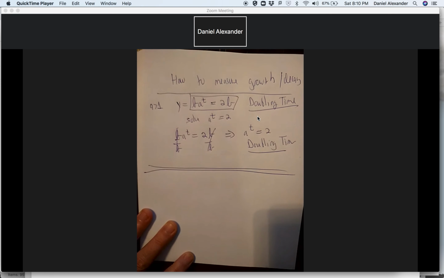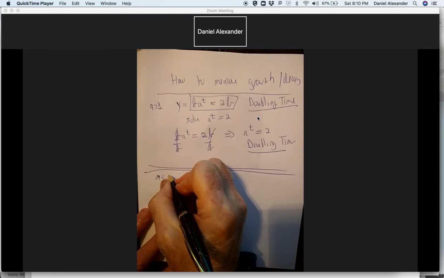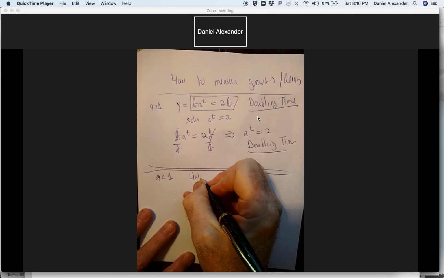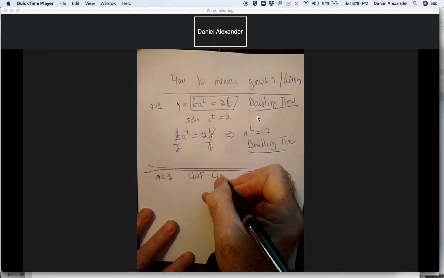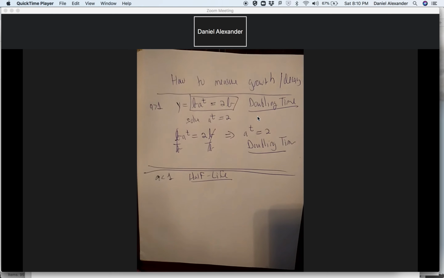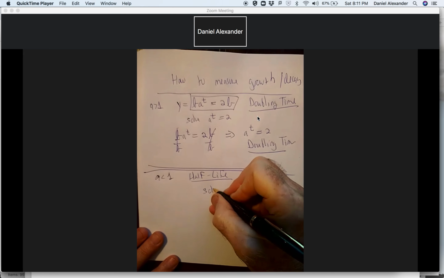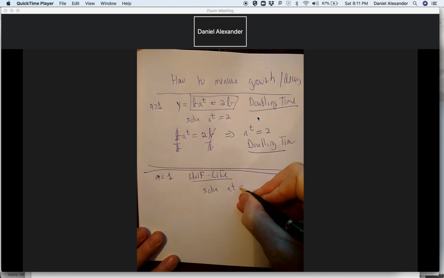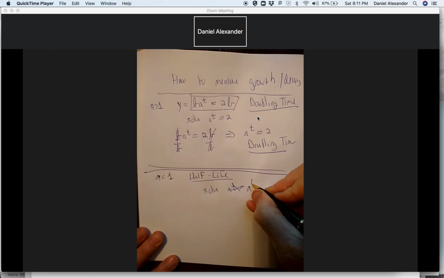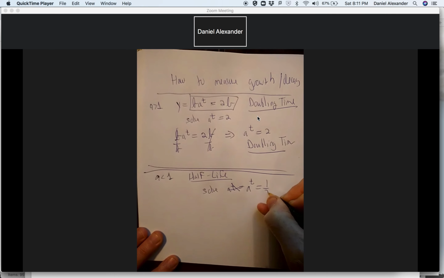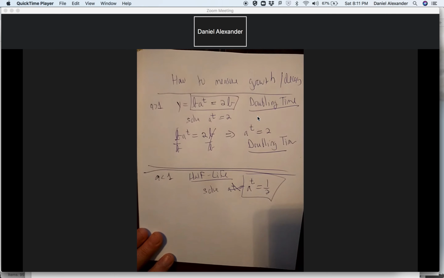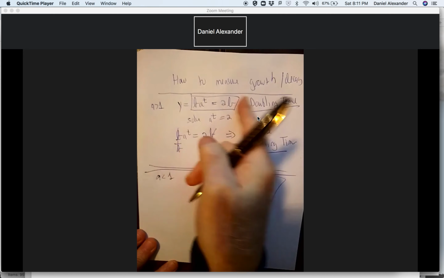If a is less than 1, you're going to talk about half-life. That's how long something takes to cut in half. We're going to end up solving a to the t equals 1/2, and I want to make clear that the t is an exponent. The reason is very similar.